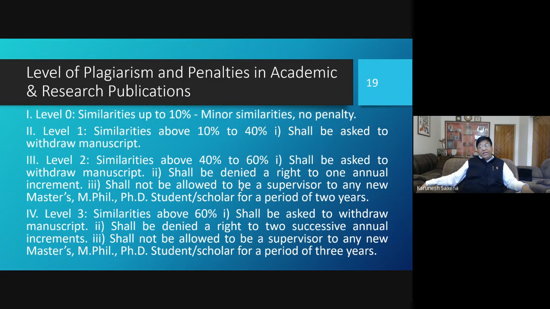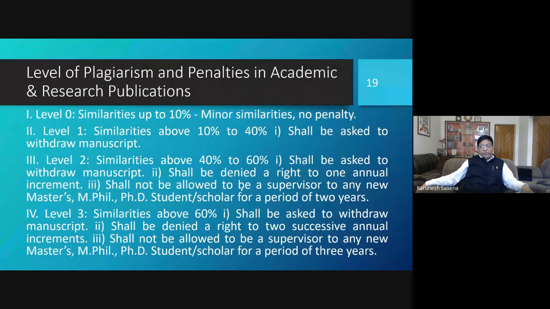Level 1 is that when the similarities are greater than 10% and up to 40%, so you will be asked to withdraw your manuscript. Similarity is above 40 to 60%, so you will be asked to withdraw manuscript, and also if it is reported to your employer in your organization, then maybe you can lose one increment.